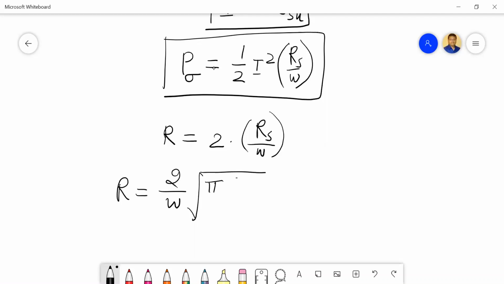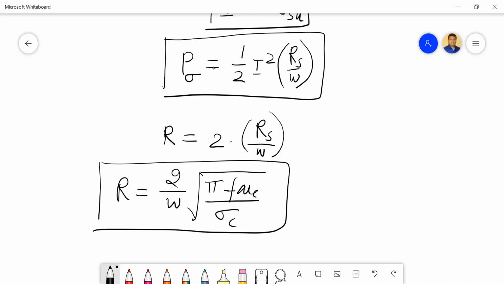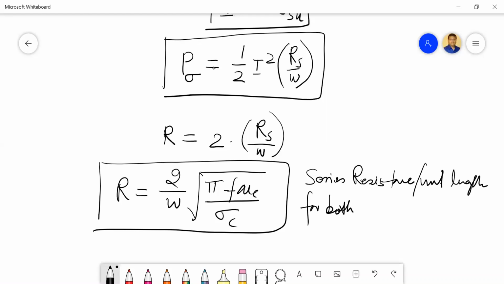This is pi f mu c over sigma c. So this is your series resistance per unit length for both plates. We took the 2 here, that is why I am saying this is for both the plates. Correct?